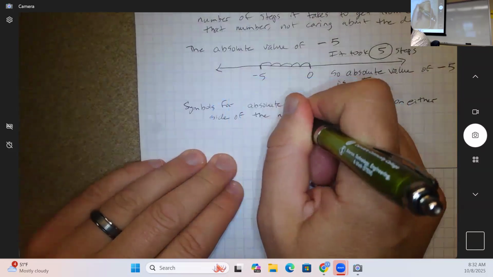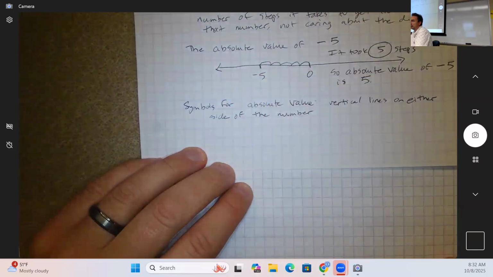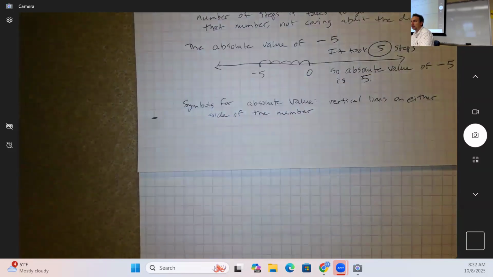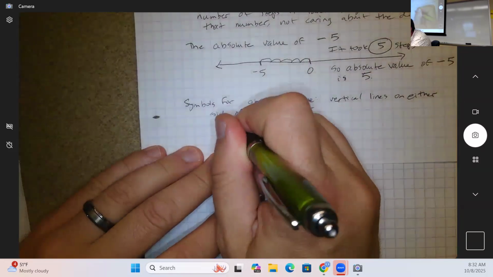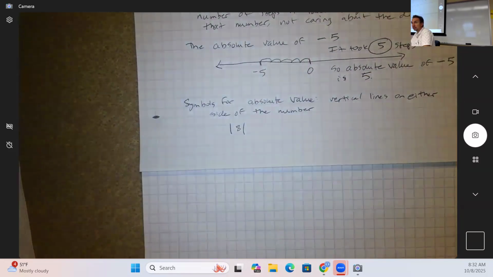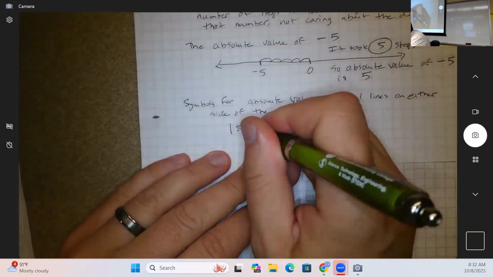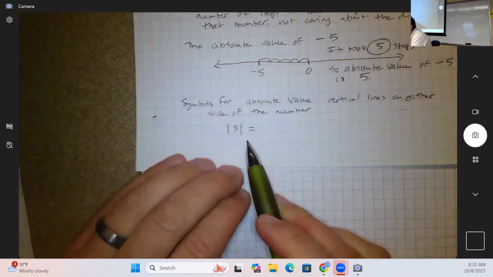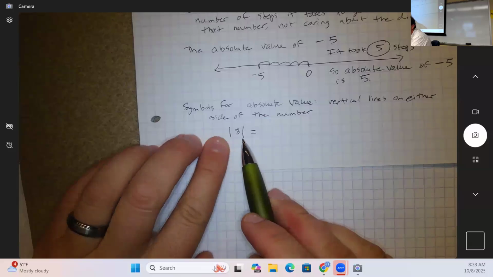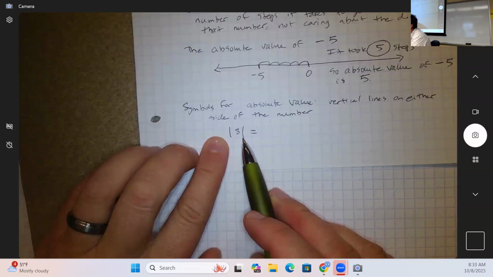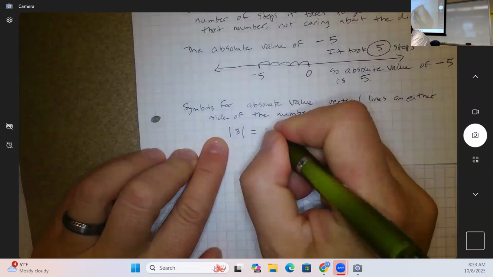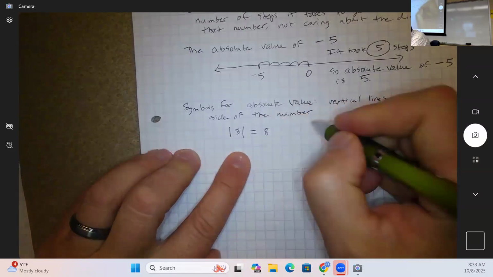Actually, it's either side of whatever is inside the absolute value, but right now we're working with numbers. So for the absolute value of 8, I put vertical lines. Absolute value of 8 is the number of steps it takes to get from 0 to 8. And what is that number of steps? 8. There we go. Absolute value of 8 equals 8.